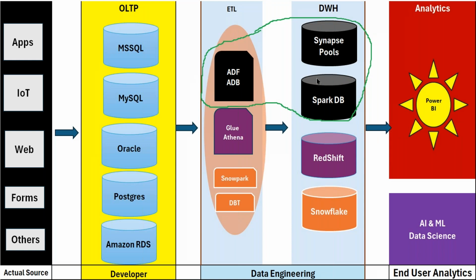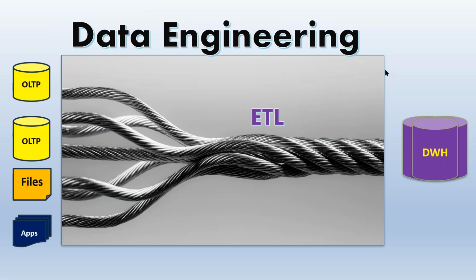Please revise MS SQL. Basics should be enough. Very basic should be enough, especially group by and joins. Remaining, I will take care. As part of our Azure Data Engineering, we have Azure SQL also. So we get it here.